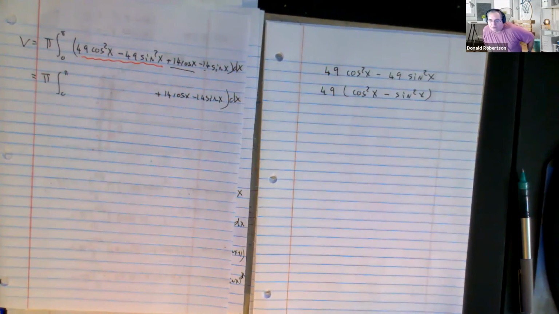Would you agree cos squared x minus sine squared x is a little bit easier to deal with than having 49? Now the hardest part: somewhere in your brain, you did 142. And in 142, of the many things that you saw, you at least once saw cos squared minus sine squared x being turned into something else.